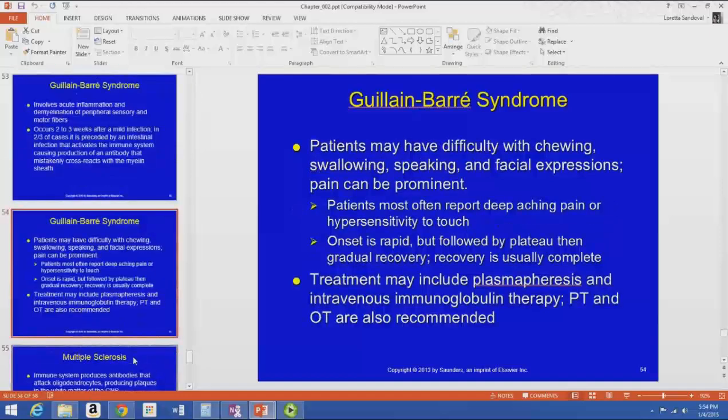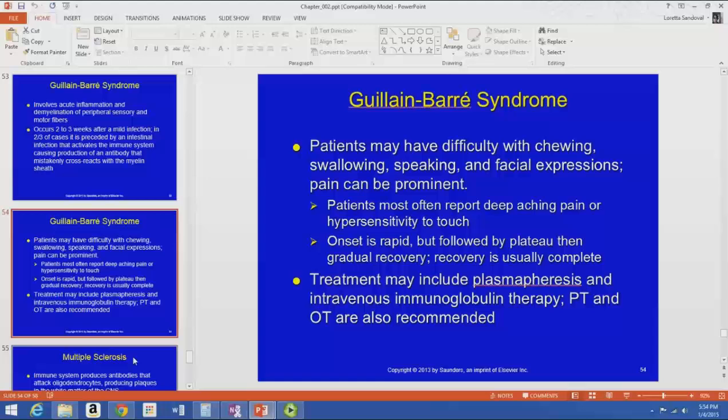So people with Guillain-Barré may have difficulty with chewing, swallowing, speaking, facial expressions. They often have a lot of pain. A lot of times they'll report a deep aching pain or hypersensitivity to touch.